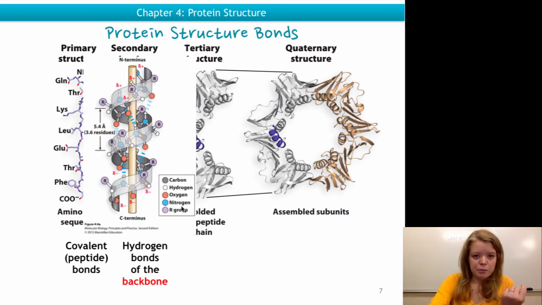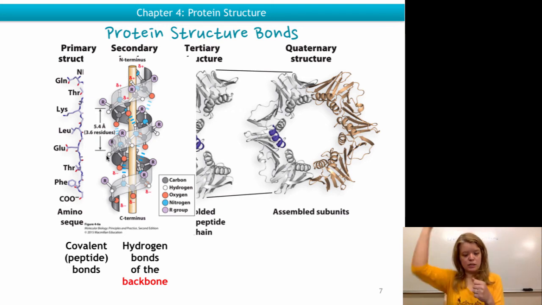And you can see the hydrogen bonding here in this diagram of an alpha helix. You can see that the carboxyl groups and the amino groups of the backbone of the polypeptide are interacting with each other, forming this very distinct alpha helical shape.